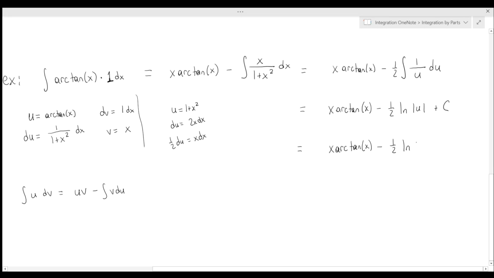I guess since it's always positive, you could drop the absolute value. Although it would be okay to leave it as well. That would technically still be okay. All right, so then that will leave us with the final answer for the integral of arctangent. Any questions about that?